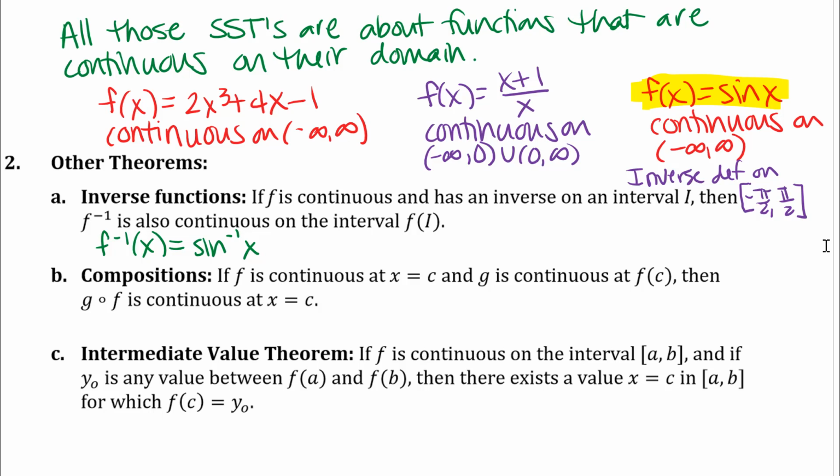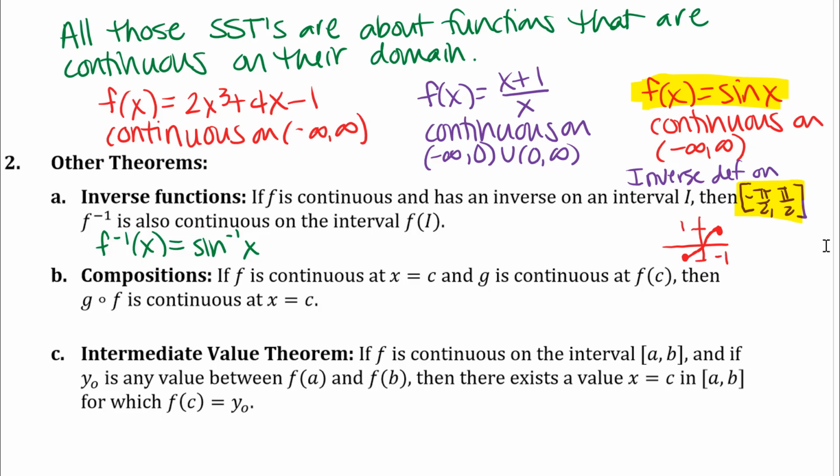But I can now use this theorem to think about that the inverse function is going to be continuous on the interval that corresponds to negative pi over 2 to pi over 2 from that inverse function. When x goes from negative pi over 2 to pi over 2, the outputs go from negative 1 to 1.